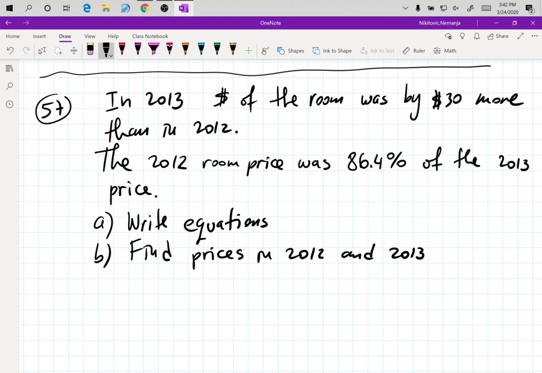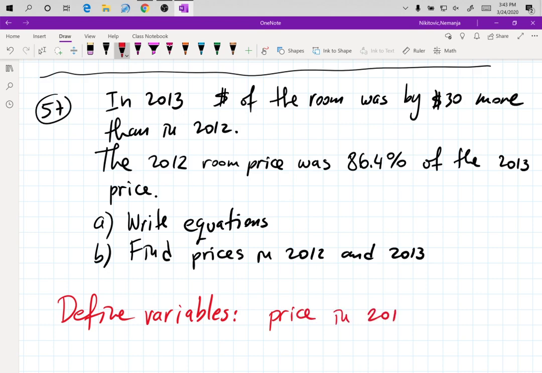So we can first define our variables. I'm going to put that in red because it's very important to define variables. So price in 2012 we can call that x, and price in 2013, we can call that y.